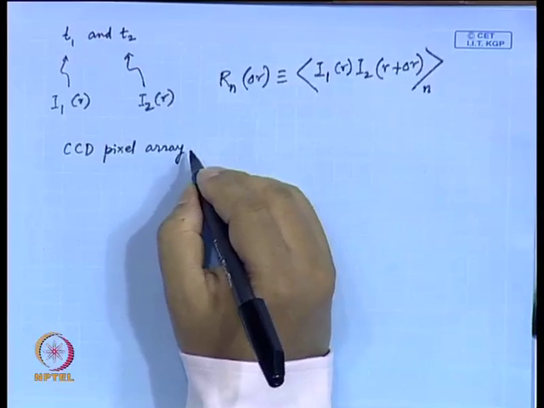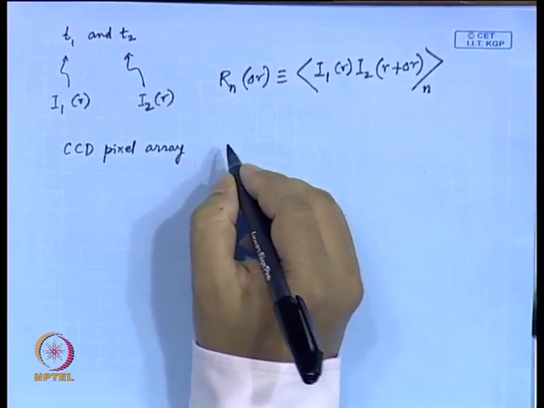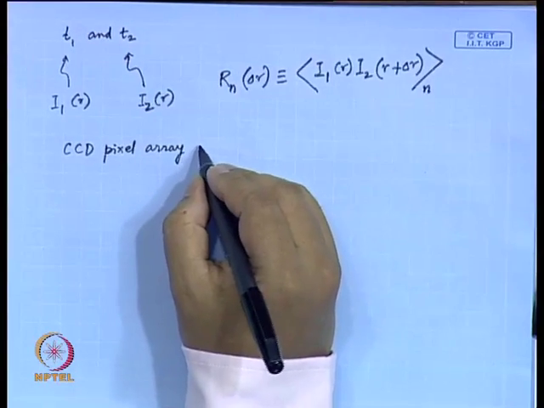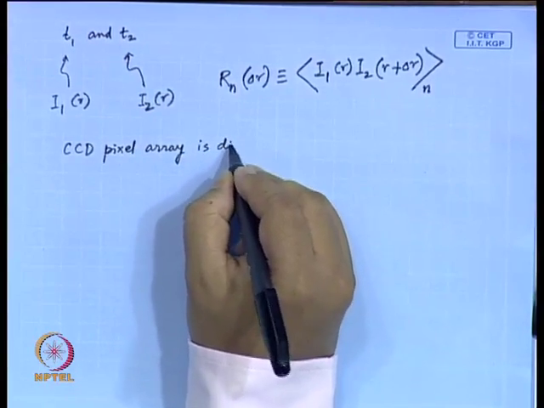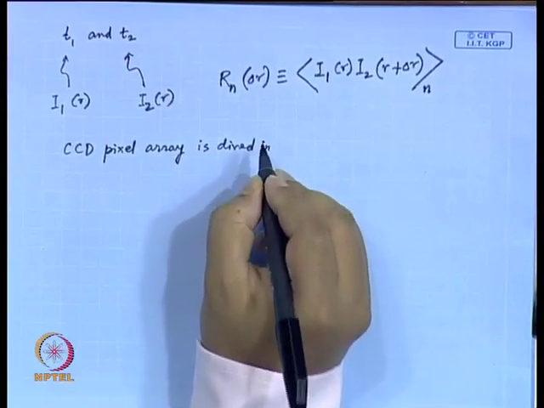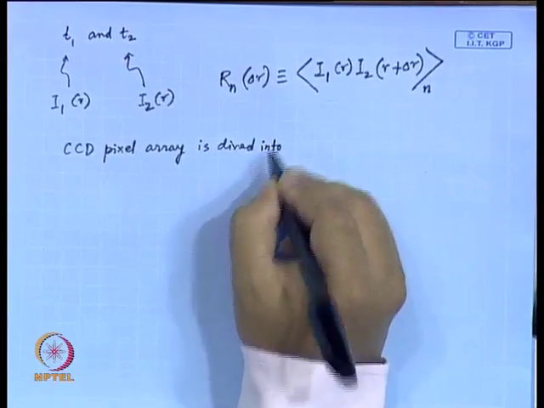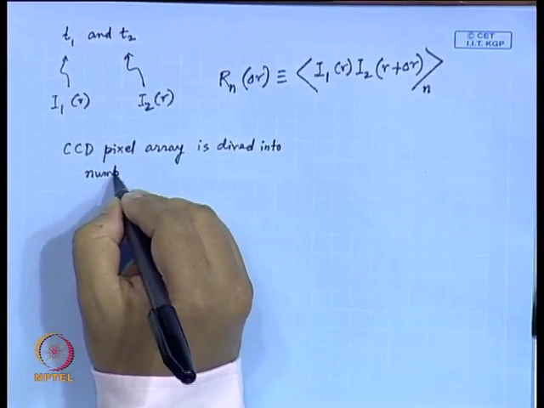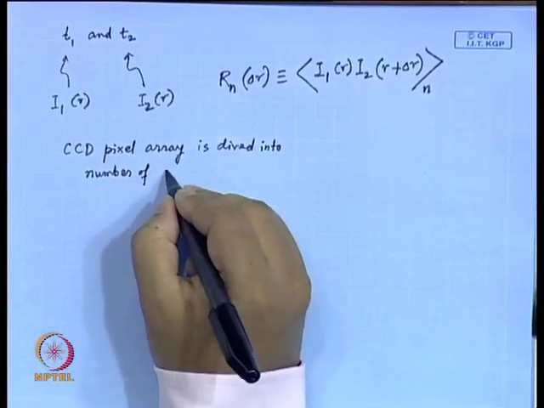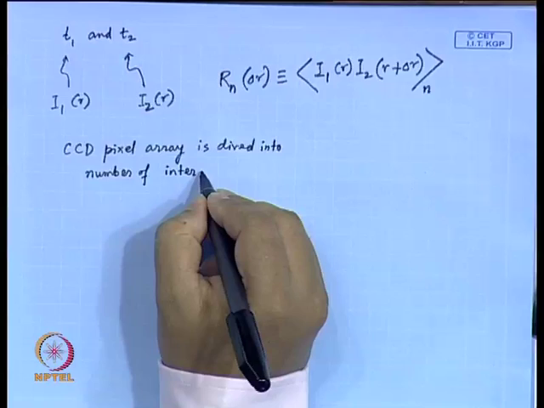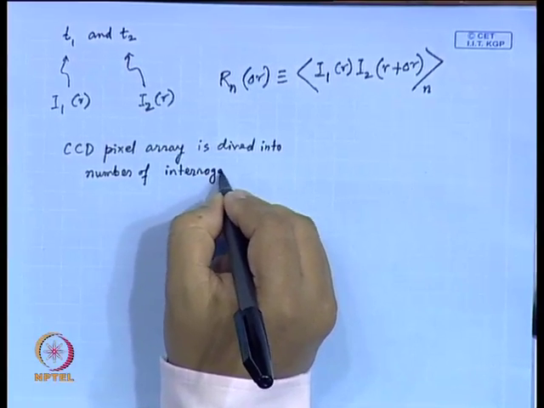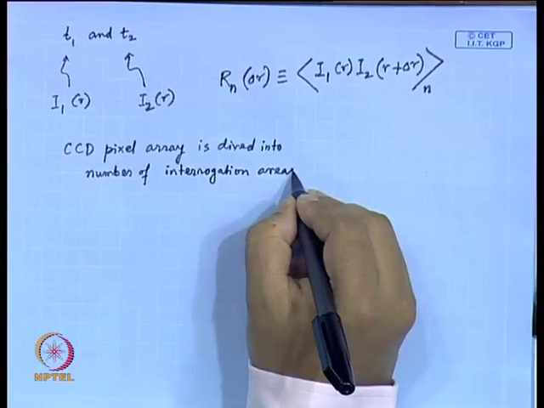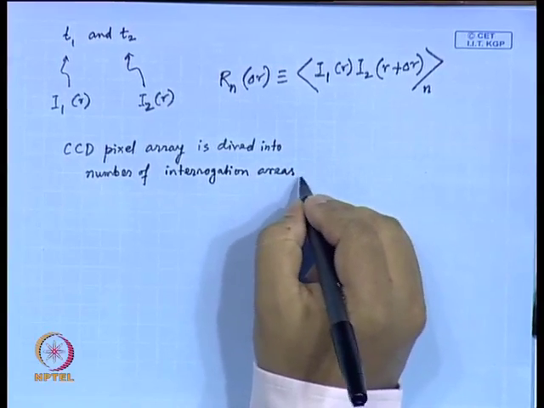You understand what a CCD pixel array is? There would be several pixels, so you have an array of pixels. That array is divided into a number of interrogation areas, N.